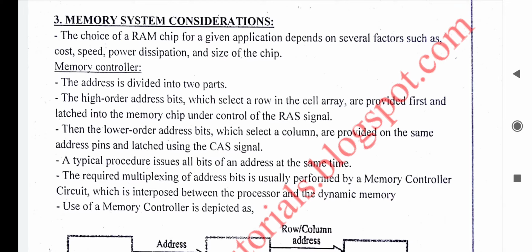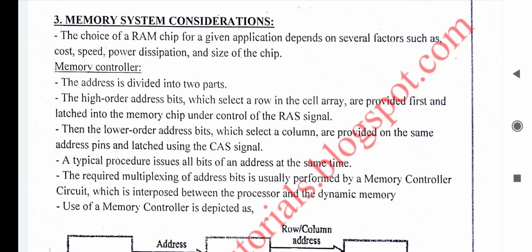We discussed this topic in EPROM, for the purpose of the RAM chip. For a given application, the choice depends upon several factors: what the cost is, how much speed it gives, how much power it consumes, and the size of the chip.